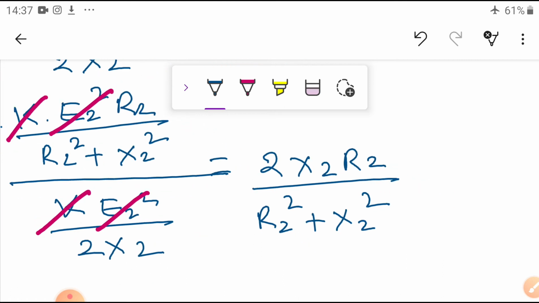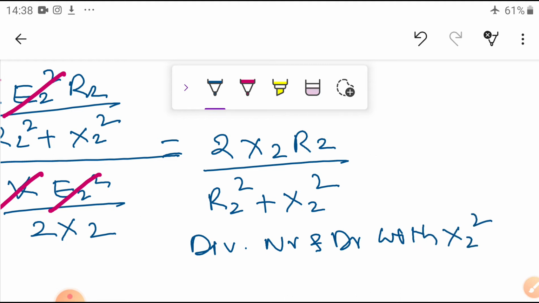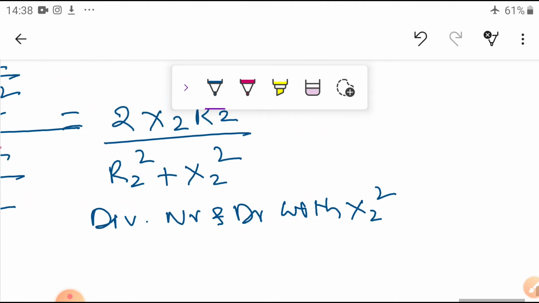Now, similar to previous cases, divide numerator and denominator by X2 whole square.